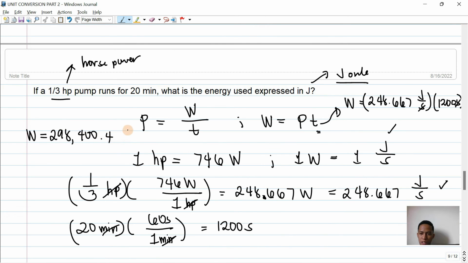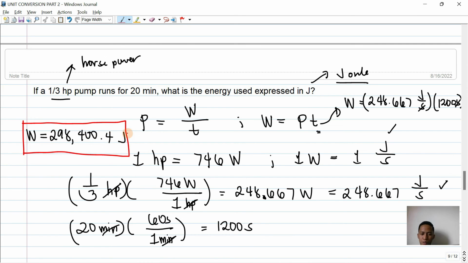That is in joule. Okay, so let's just put it back to our final answer. So this is our final answer for this problem. So the energy used is 298,400.4 joules. Okay, so pwede mo rin siya actually express kilojoule. Okay, so divide mo lang by 1,000.